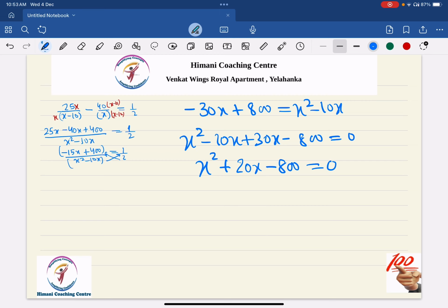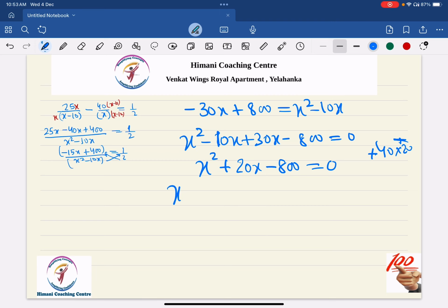Now 40 times 20 is 800, and plus 40 minus 20 will give us plus 20, and plus 40 into minus 20 will give us minus 800.